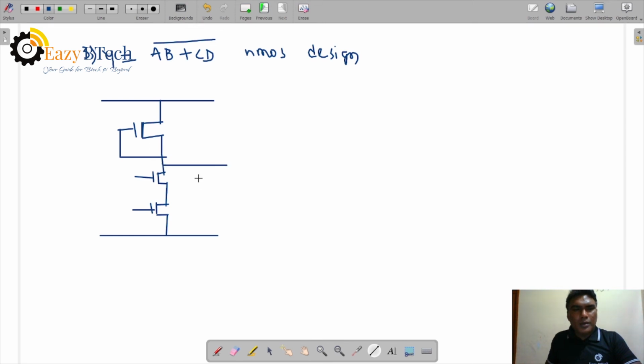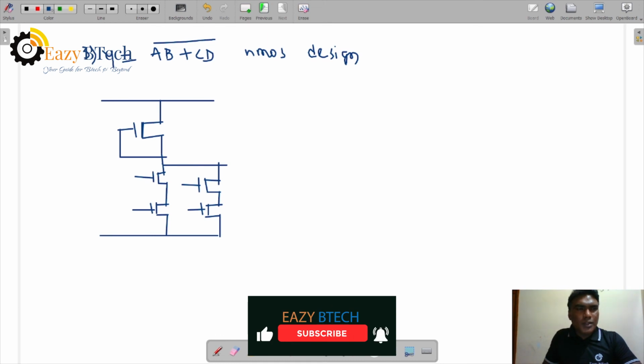C into D means series. So AB are in series, CD are in series, and both are in parallel. This is the logic, and according to the logic we have drawn the circuit.